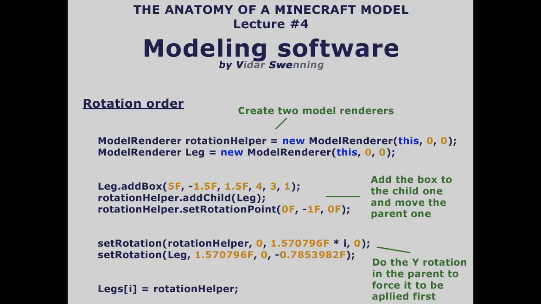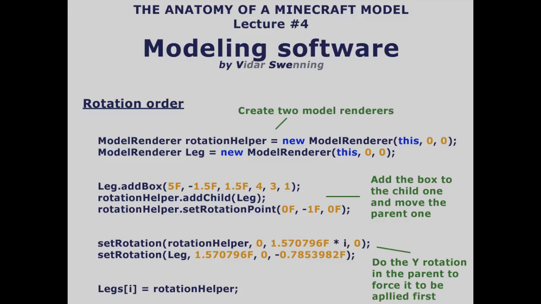So the leg will obviously move when we move the rotation helper, but it won't rotate around the rotation helper's position, so it's going to be at the same position, and therefore when we rotate the rotation helper, it's basically going to make sure that the leg is rotating around itself like it would be doing if we didn't have the rotation helper at all.